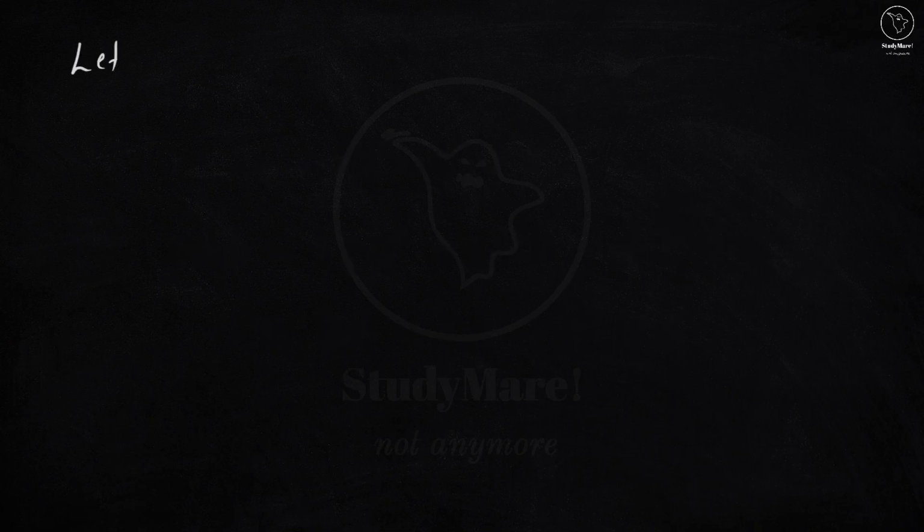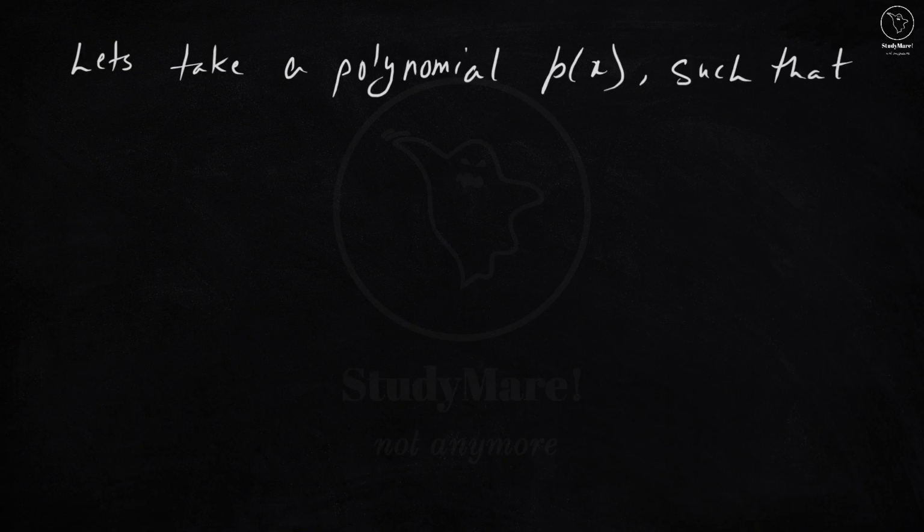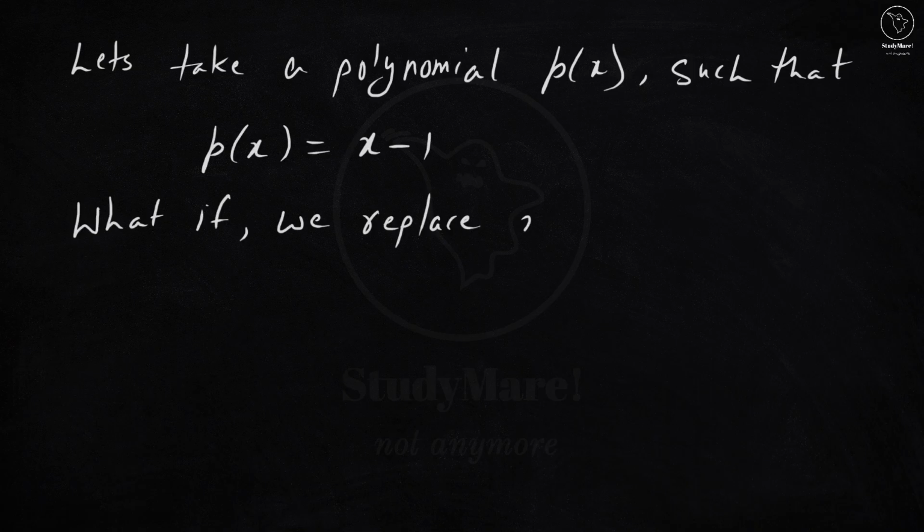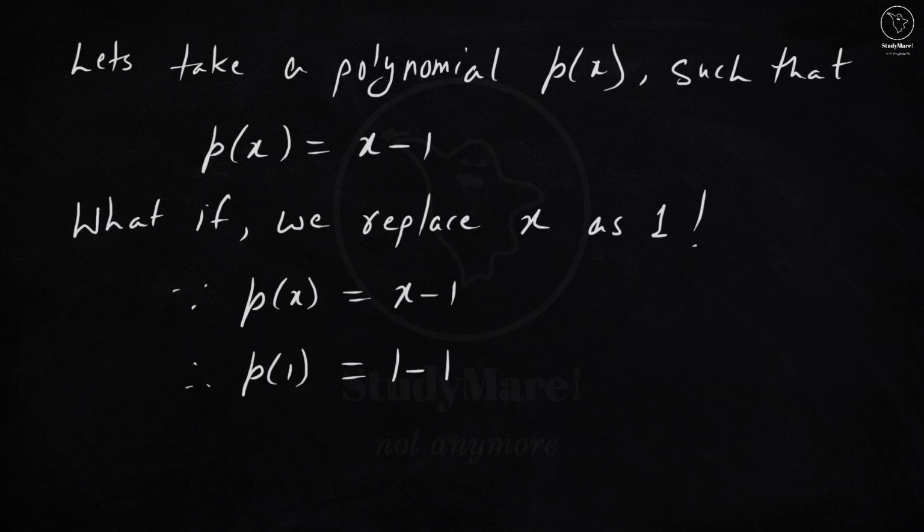Now, let's take a polynomial p(x) such that p(x) is equal to x minus 1. What if we replace x with 1 in this case? Since p(x) is equal to x minus 1, therefore p(1) will be equal to 1 minus 1.